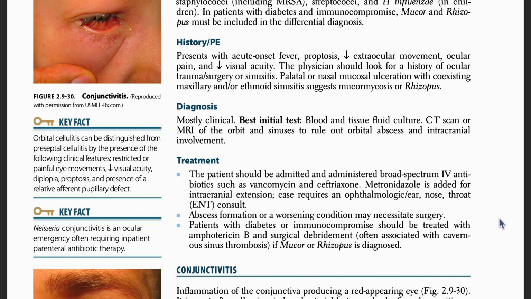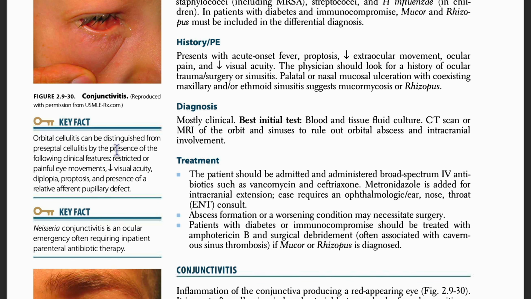The case requires an ophthalmologic and ear, nose, throat consult. Abscess formation or a worsening condition may necessitate surgery. Patients with diabetes or who are immunocompromised should be treated with amphotericin B and surgical debridement, often associated with cavernous sinus thrombosis, if Mucor or Rhizopus is diagnosed.